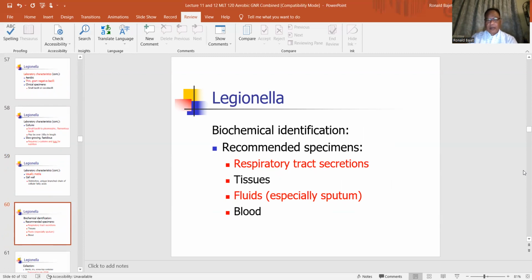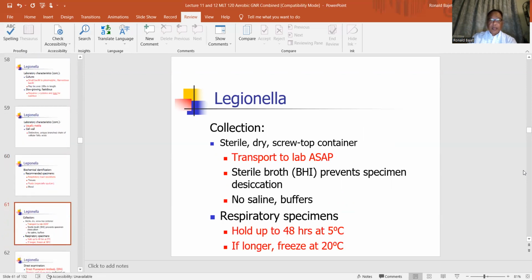Respiratory tract secretions are the specimen of choice for Legionella, as with the American Legion individuals that came down with pneumonia. Fluids, especially sputum, are the specimen of choice. If you suspect Legionella, you transport it to the lab as soon as possible.